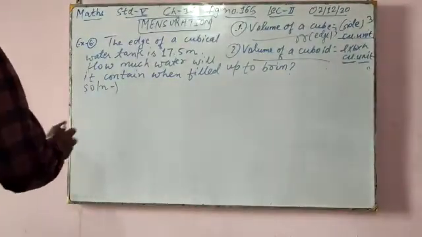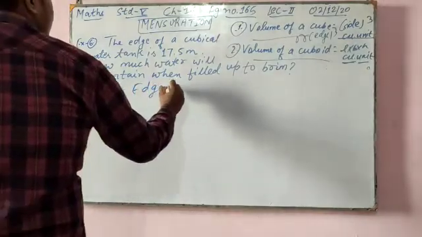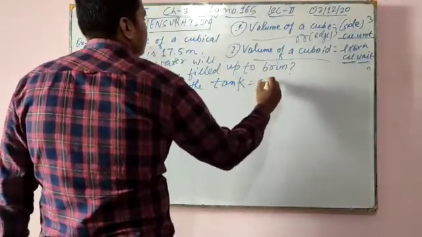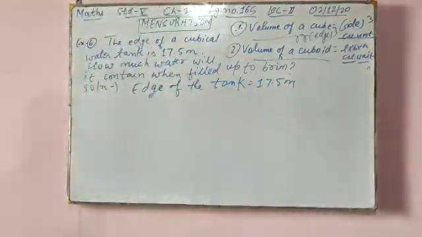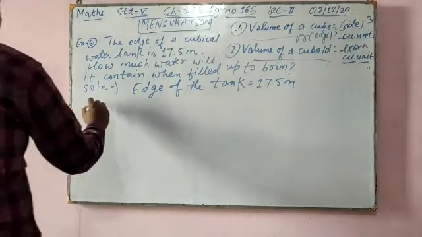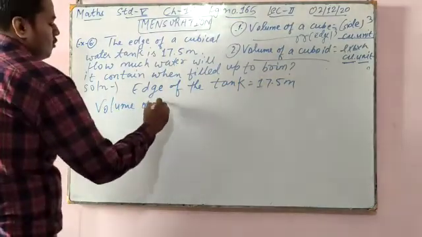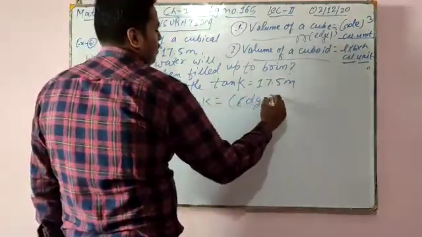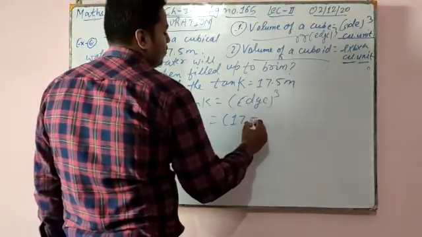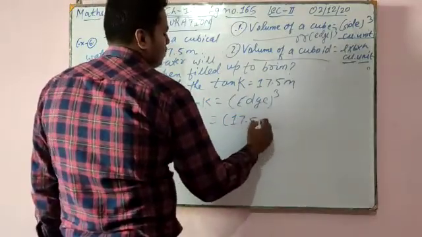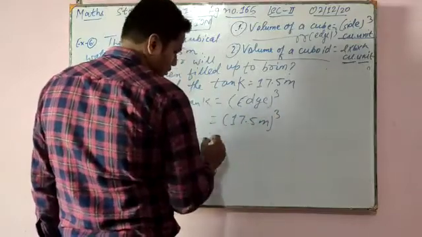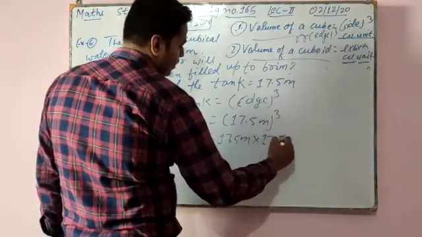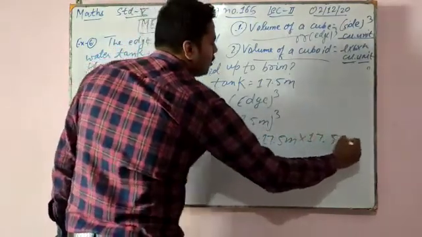Okay. So we know that the edge of the tank is given, 17.5 meter. So volume of the tank will be edge cube, means 17.5 meter cube, which means 17.5 meter into 17.5 meter into 17.5 meter.